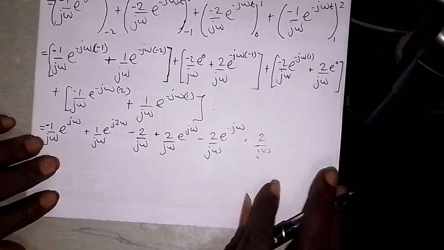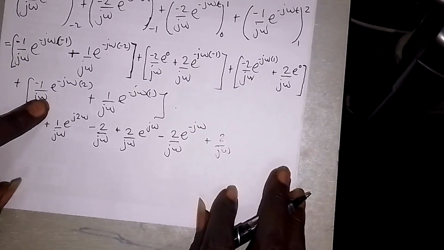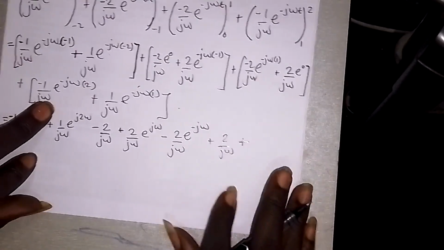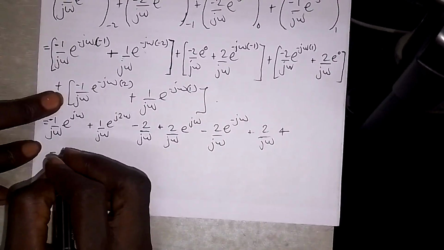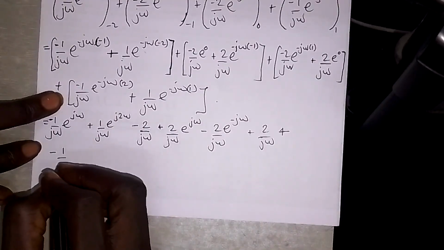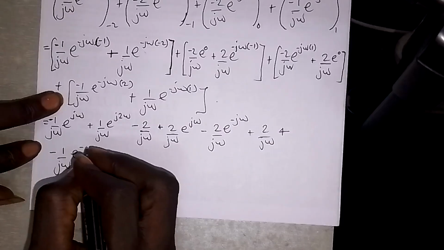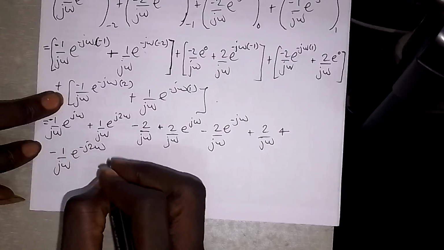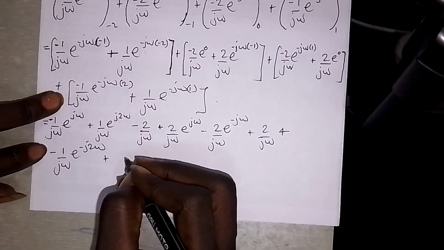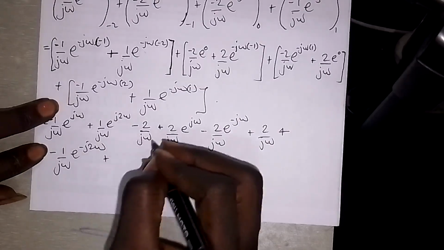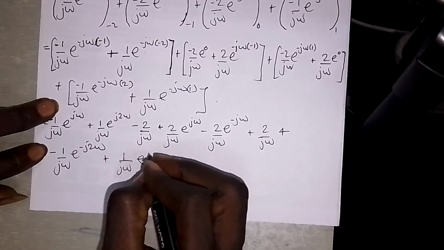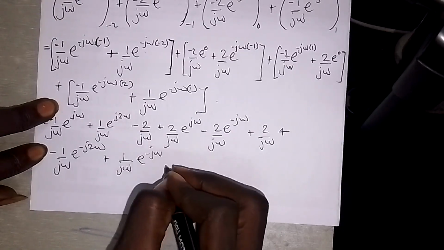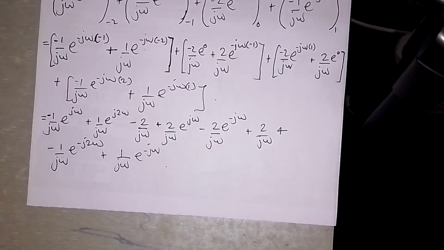Then, if I come here, I'm going to get negative 1 over j omega, e exponent minus j 2 omega, and then plus 1 over j omega into e exponent minus j omega. So these are the expressions that I'm actually going to have.